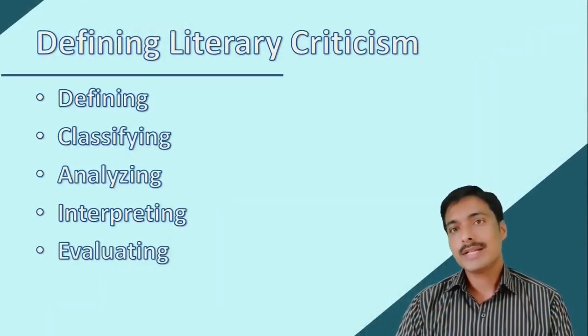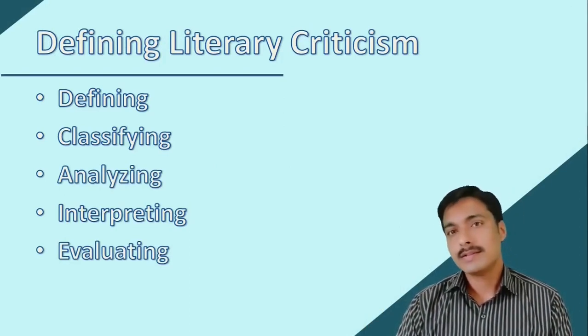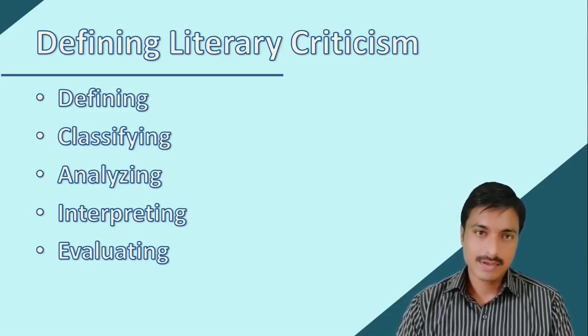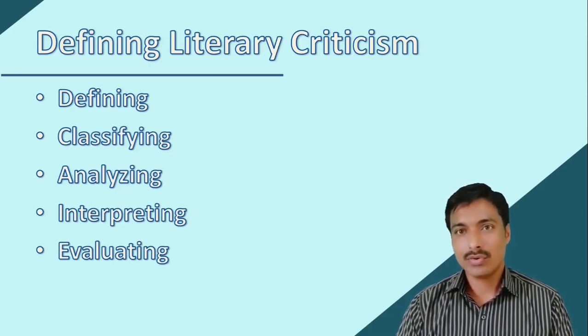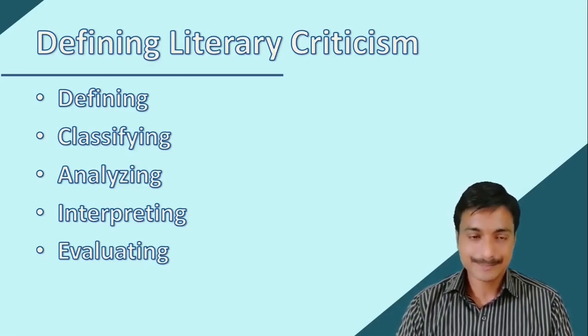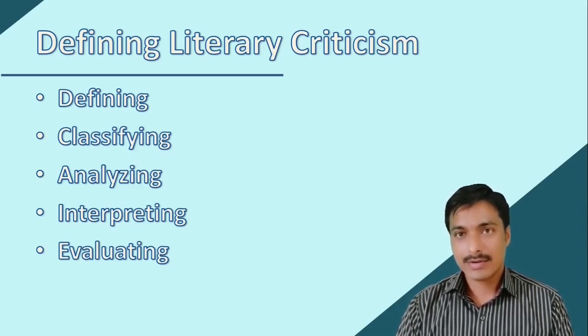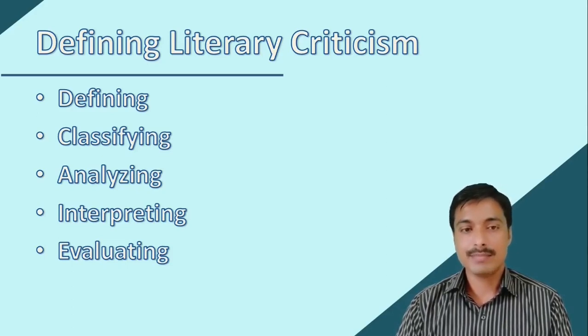Literary criticism is actually a discourse upon discourse. Literary criticism is writing about writing. The first job of literary criticism is to define its core area, or the subject or the object of study. In order to delimit the object of study, literary criticism begins with the first step first.